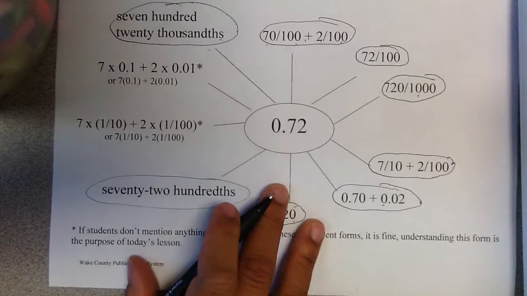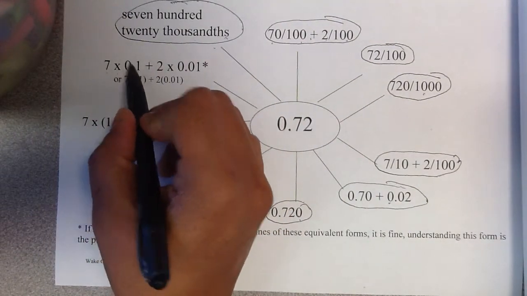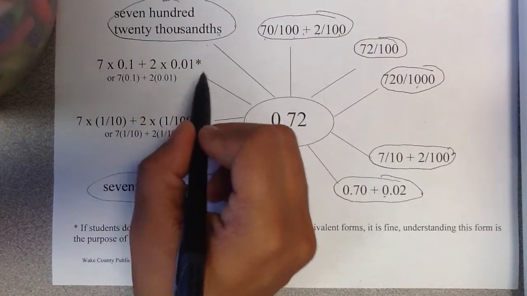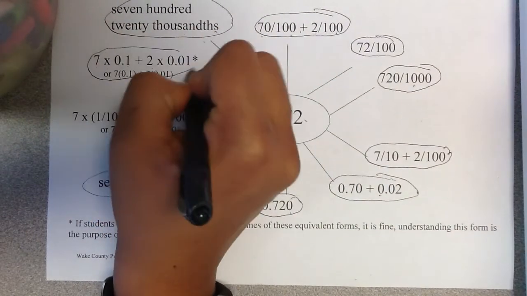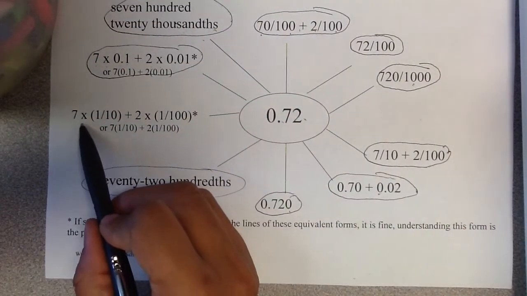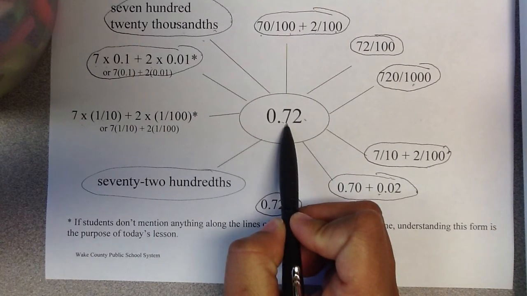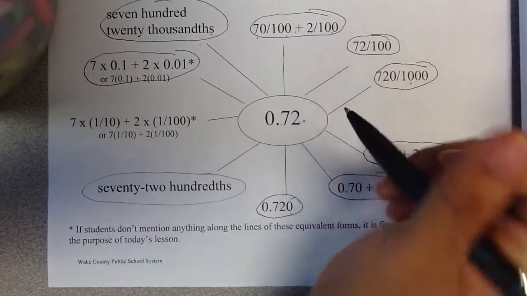Okay, and here I have 7 times 1/10, which would give me 7/10, plus 2 times 1/100th, which would give me 2 hundredths. Okay, here I have 7 times 1/10 in fractions, which would give me 7/10, plus 2 times 1/100th, which would give me my 2 hundredths.